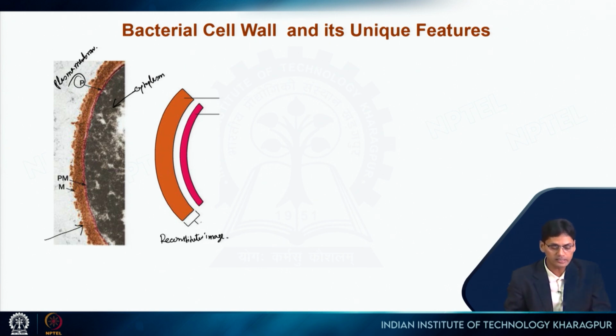Then in this case, this is murein. P stands for periplasmic space, and this is plasma membrane. This is periplasmic space, the space between the cell wall and the plasma membrane.